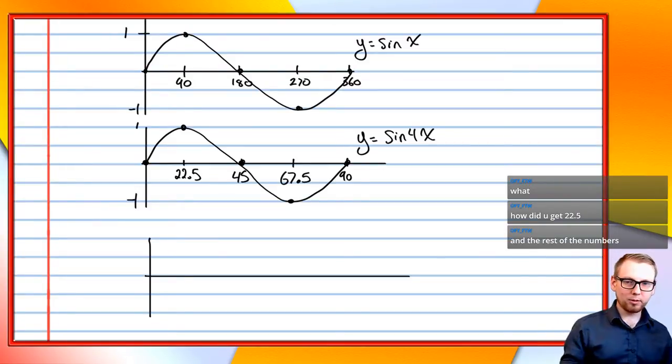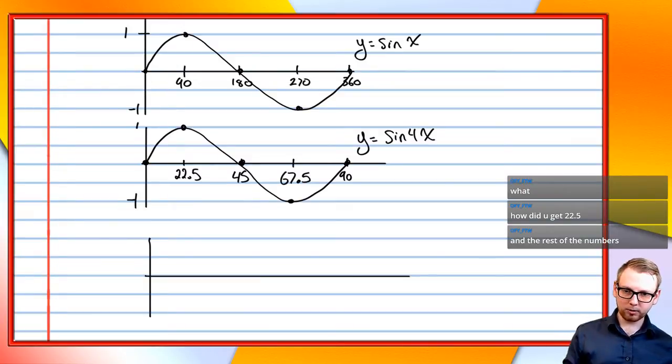So remember that you divided the period by 4, right? To get 90 degrees for the total period.